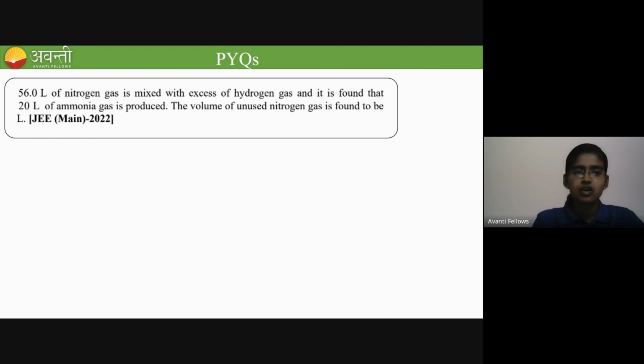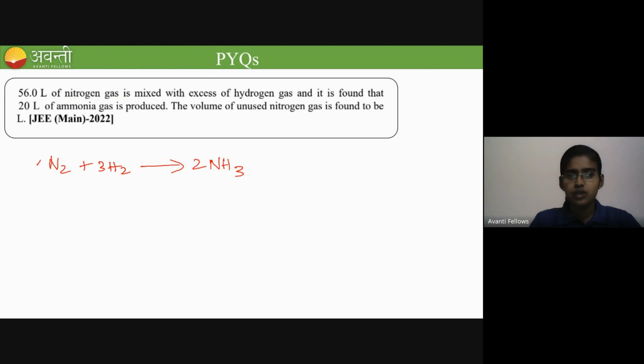56 liter of nitrogen gas is mixed with excess of hydrogen gas, and it is found that 20 liter of ammonia gas is produced. The volume of unused nitrogen gas is found to be dash liter. So for this, we have to take the reaction. This is Haber's process, where N2 reacts with 3 moles of H2 to produce 2 moles of NH3.